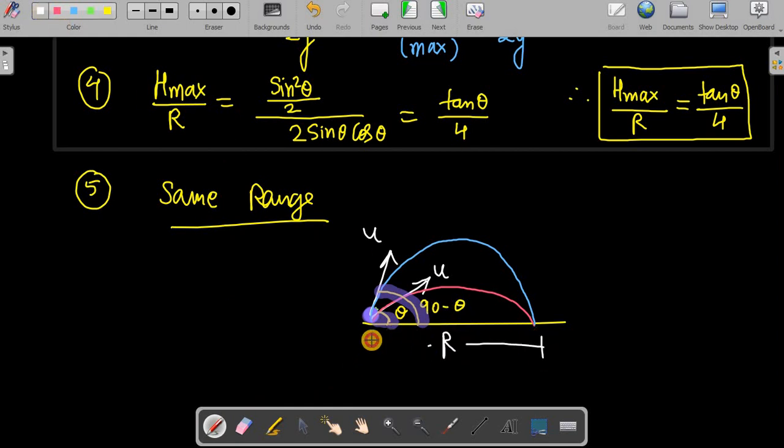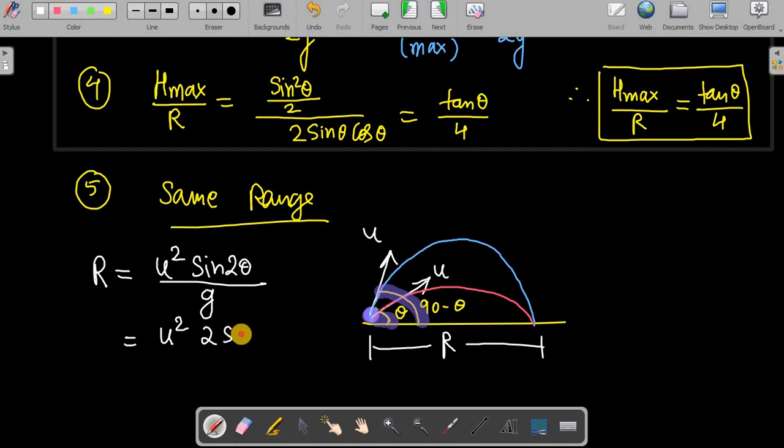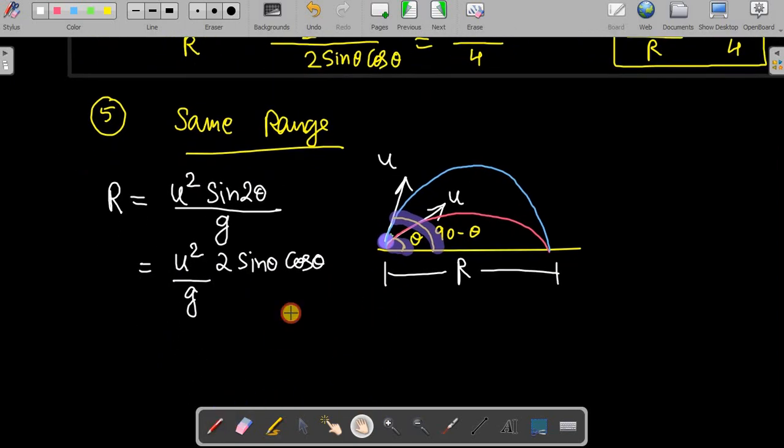Now let's understand the formula for range. The range formula is u square sin 2 theta by g, which you can write as u square 2 sin theta cos theta by g. If I keep the angle as theta, then sin theta cos theta is a product.